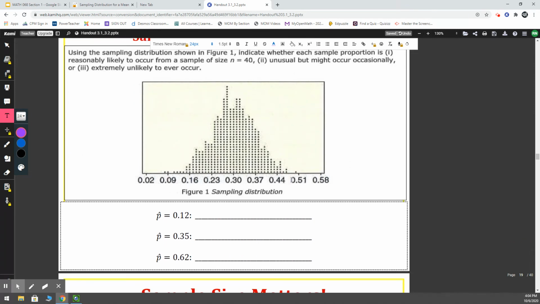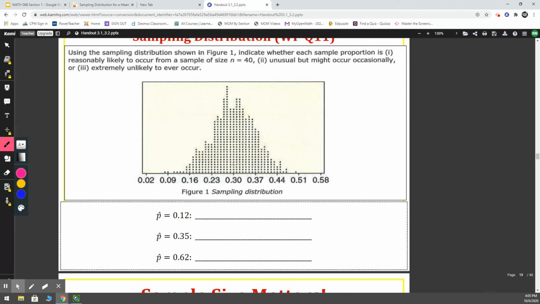Now this one's a little bit different, and it asks us something different. It says, indicate whether the proportion is I, reasonably likely, II, unusual, but might actually happen, or III, extremely unlikely. Okay, well, I'm going to do exactly the same thing we just did a second ago.